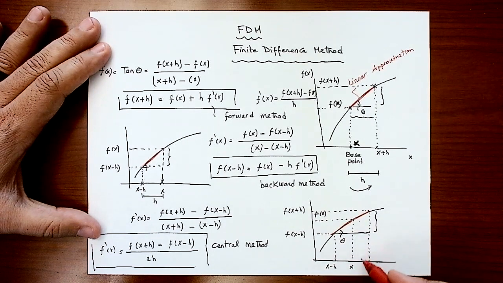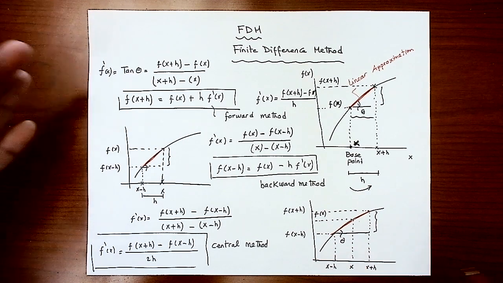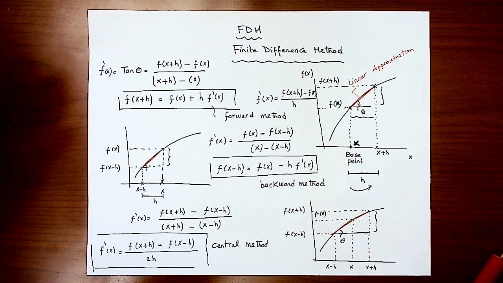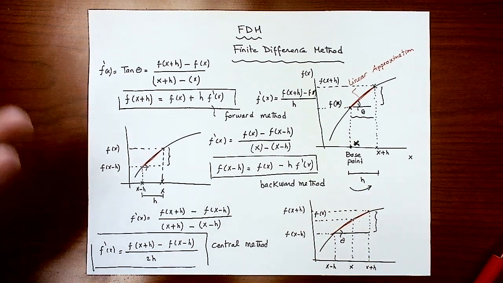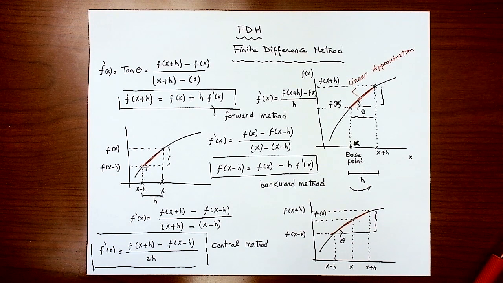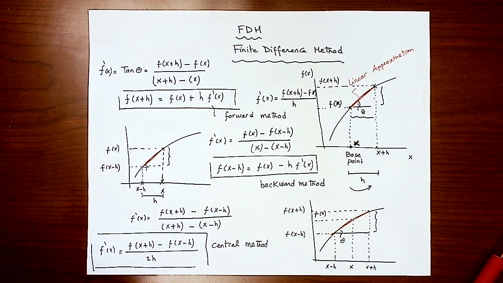I can take h over 2, a small distance, and minus h over 2. It will lead to the same answer, but instead of 2h, the width of that triangle is only h. But again, this is just an approach to find an approximation of a function using that linear approximation. This is not really coming from nowhere.